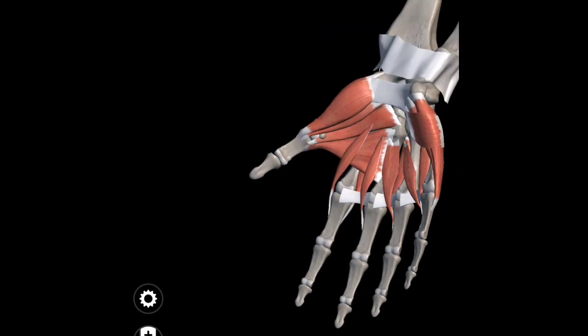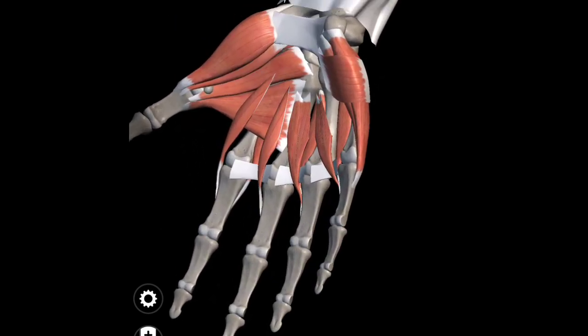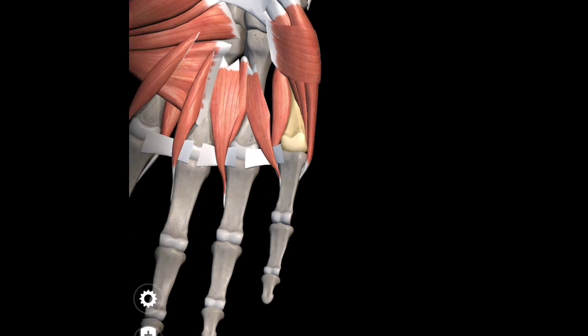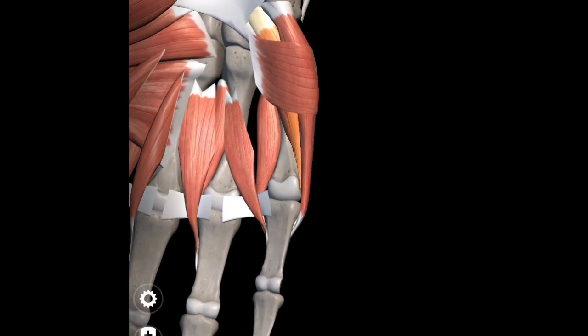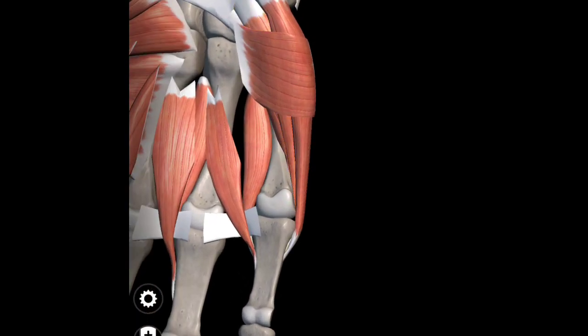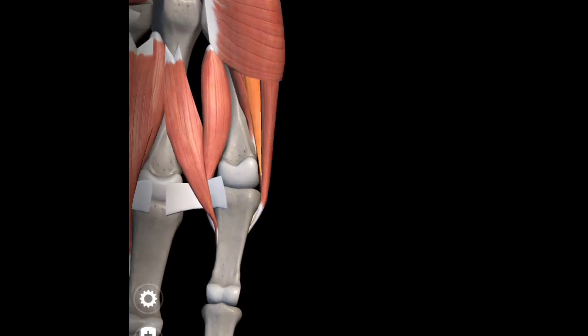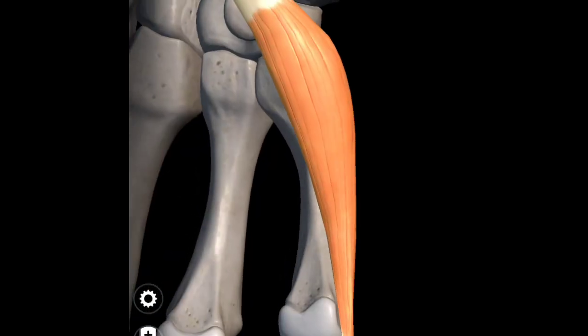So here you can see abductor, this is abductor digiti minimi. Okay, flexor. One is the abductor digiti minimi because it causes abduction. Another is the flexor digiti minimi because this causes flexion.